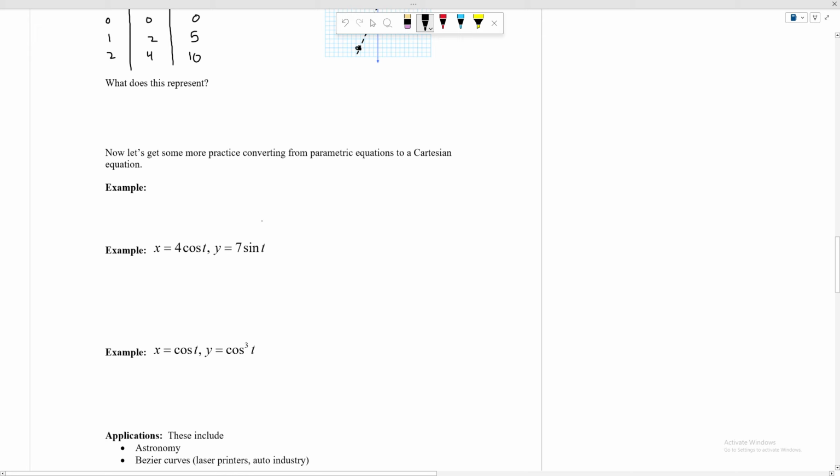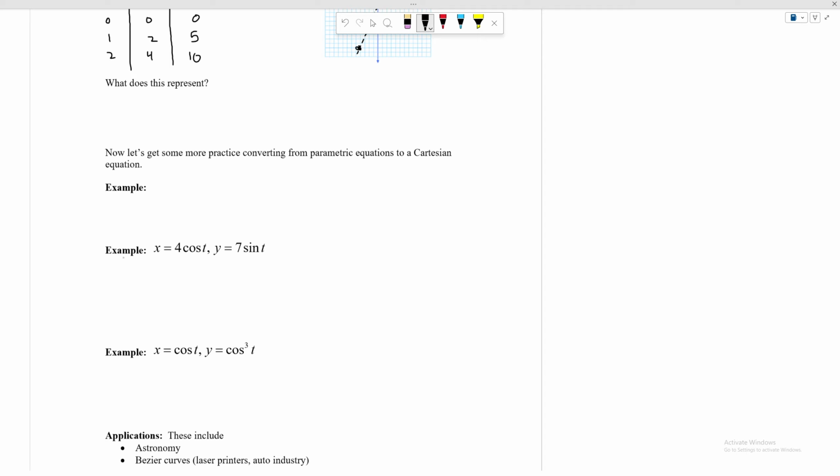Now let's get some more practice converting from parametric equations to Cartesian equations. How do you convert from a parametric equation to a Cartesian equation? It's very simple, extremely simple. All you have to do is isolate for t and sub t in.